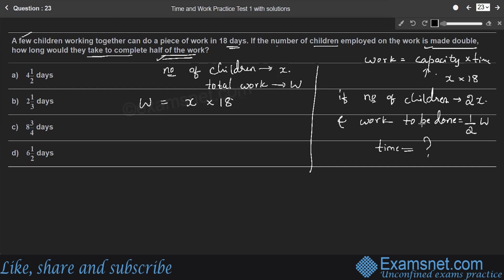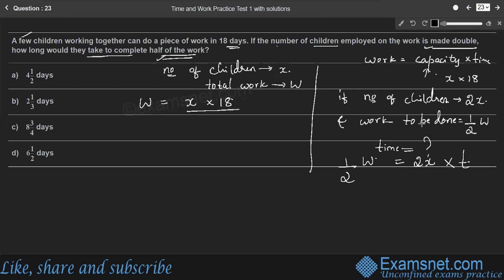Therefore, half of work, which is 1 by 2 into W, is equal to the number of children. In this case, to do half of the work, we require twice the original number of children, so 2 times the number of children into time. What is work?